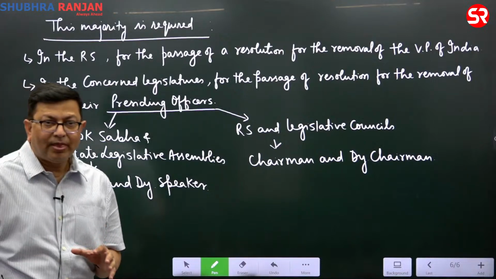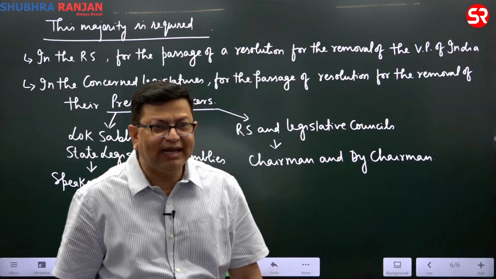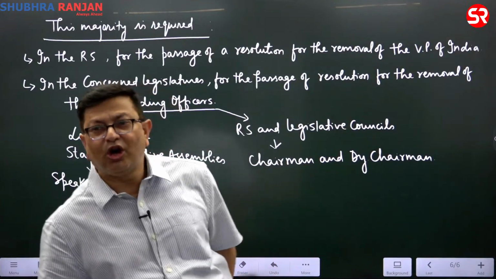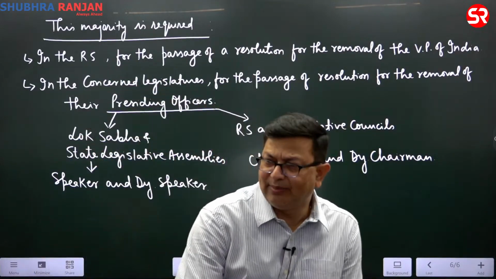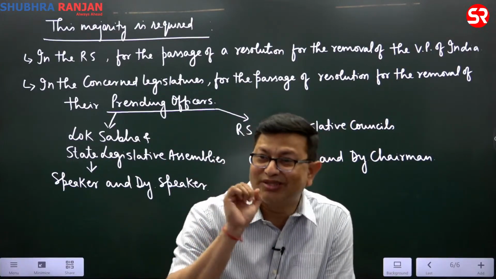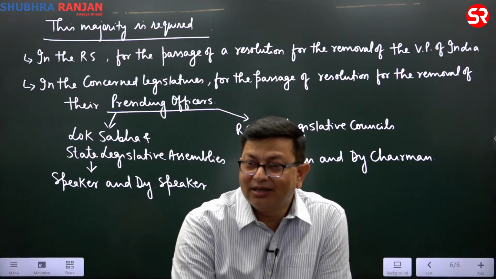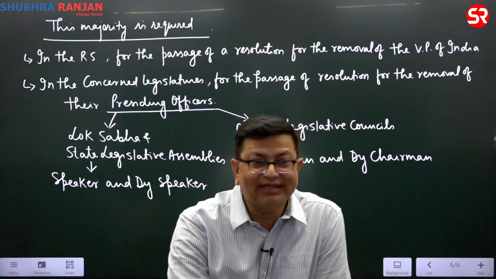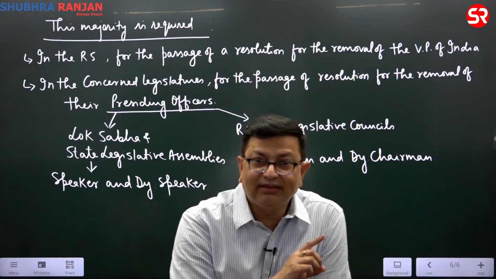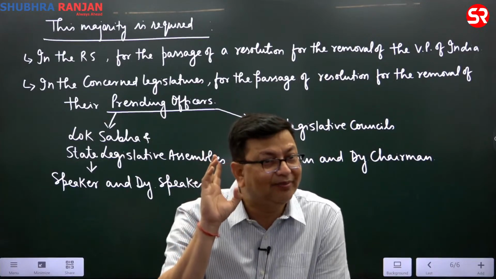So if the presiding officer of any legislative assembly, or the Lok Sabha or a legislative council, is to be removed, then this majority will be required in that house. For example, if the speaker of the Kerala legislative assembly is to be removed, then this majority will be required in the Kerala legislative assembly.